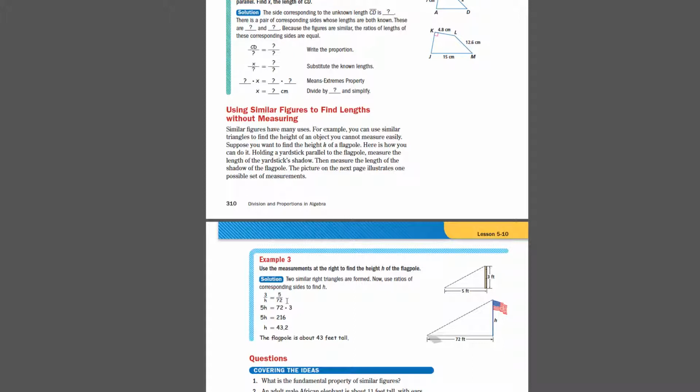It's a right triangle, you notice, so they are similar triangles, and using means extreme property and a little bit of manipulation, we get that 5h is 72 times 3. So 5h equals 216. We do our division by 5 and we get that h is equal to 43.2 feet, or about 43 feet tall. That's using the similar triangles.